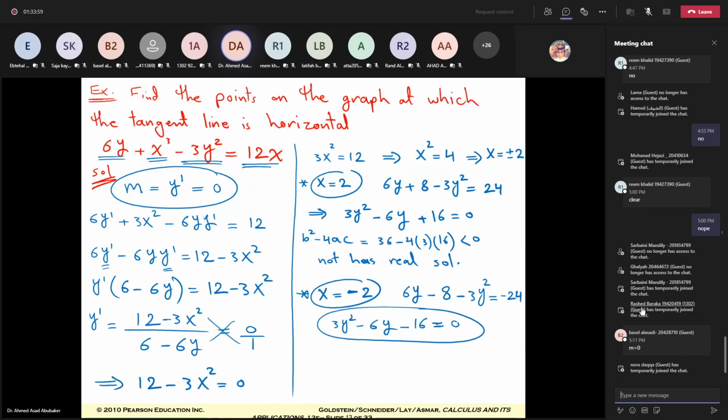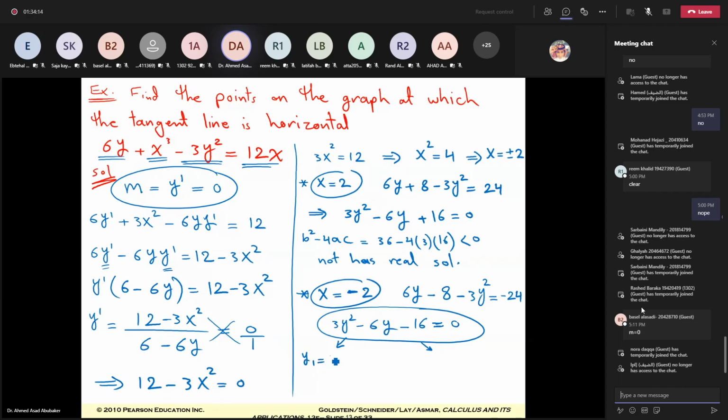After solving this equation by calculator or by the general law for the quadratic equation, we have y1 equal 3.52 and y2 equal negative 1.52.